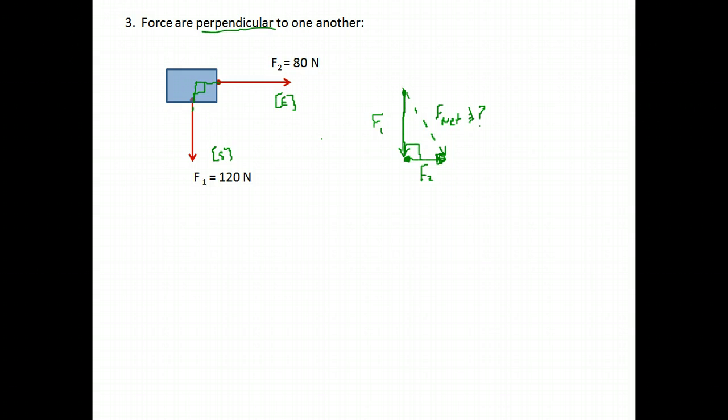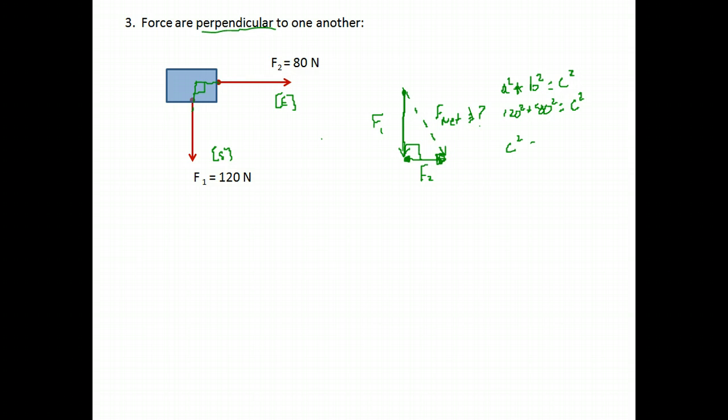So since these forces are at 90 degrees, Pythagoras' theorem would apply. So we have a squared plus b squared equals c squared, or 120 squared plus 80 squared equals c squared.